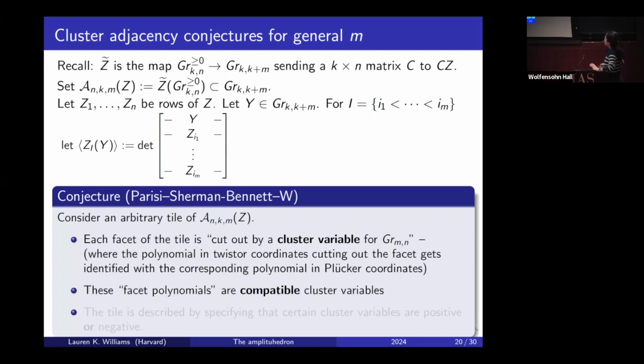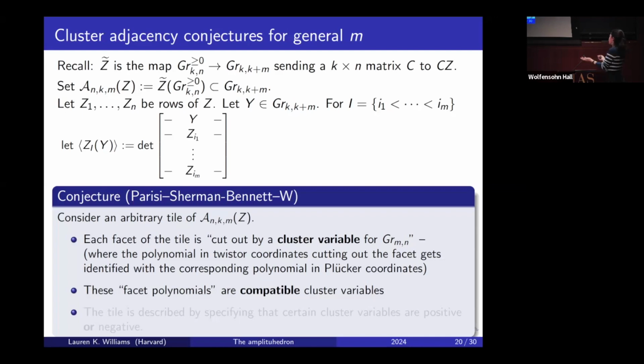Okay, the second statement is that these facet polynomials, so if you start with one tile and you look at all of its facets and all the associated cluster variables cutting out the facets, then the statement is that these polynomials are compatible cluster variables. So this is a very, very strong statement.